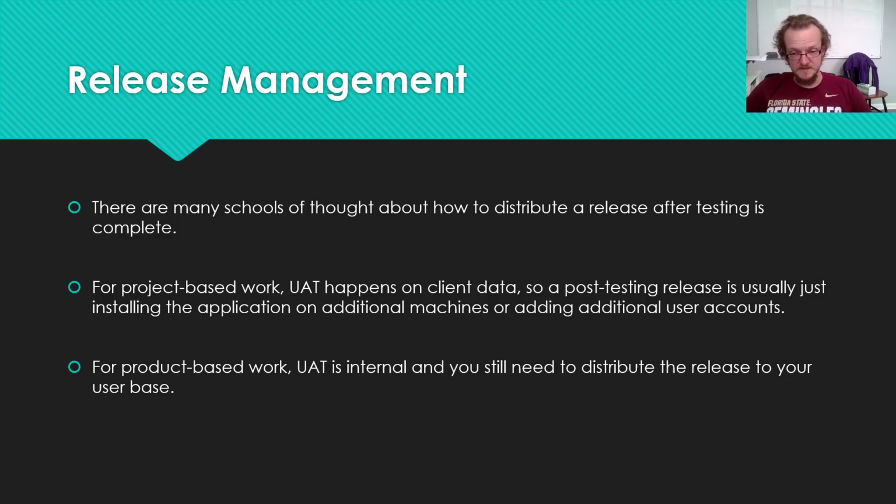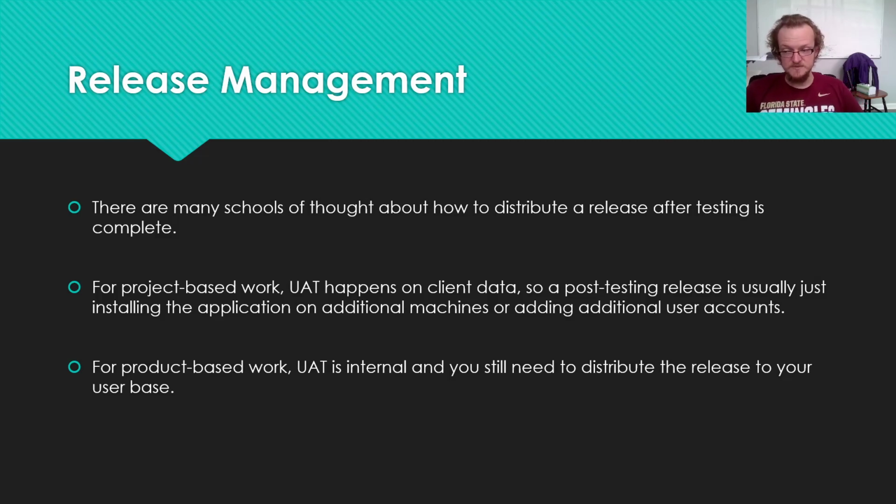So the difference here is that in product-based work, the user acceptance testing is done by the client, but the client is internal. The client is actually an organizational unit of the software organization. And for project-based work, that is an external client. So you're basically giving the client an installation, and the client goes and does some testing on their own data.